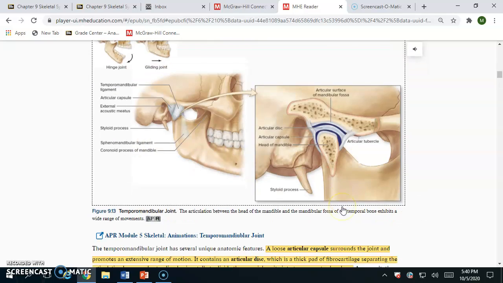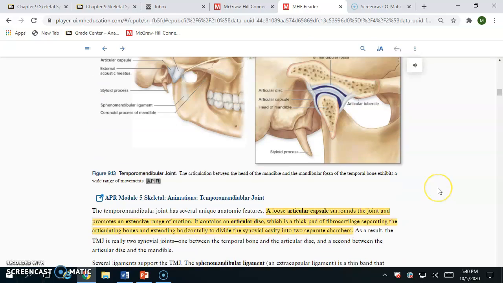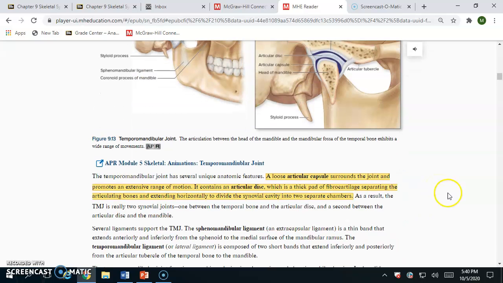All right. The next thing that you want to be familiar with is that it has quite a bit of movement. You can probably do some of these movements as we're talking about them. One definitely is the elevation and depression movement.